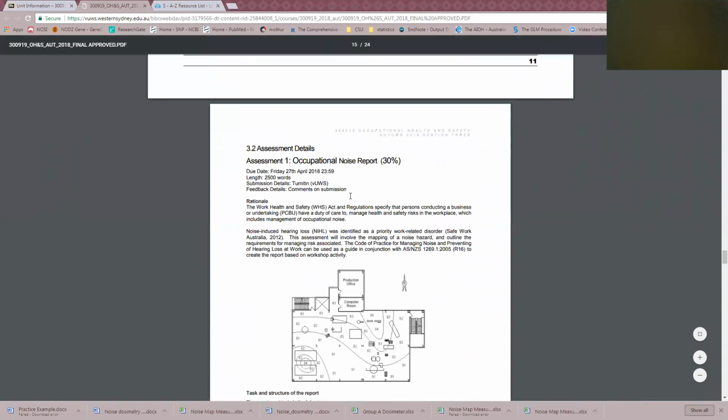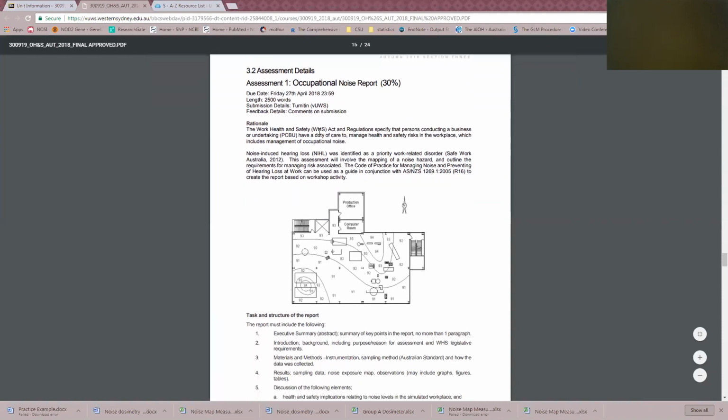I encourage you to put it in through Turnitin early, because Turnitin is really good at helping you identify not just where similarities occur, but it can help you with grammar and other items in doing professional writing. So the rationale is that noise is a hazard in the workplace.